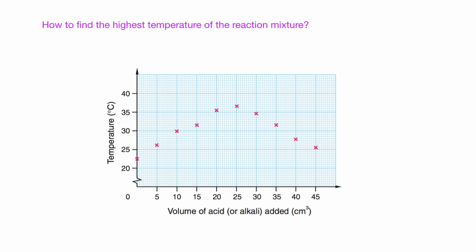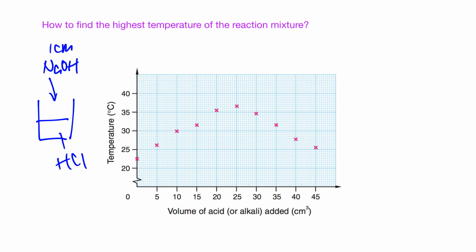When we add a volume of acid or alkaline, say for example if it is acid and we add NaOH 1 cm cube at a time, or 5 cm cube at a time, then you'll find that every time I add it, the temperature goes up like this. There may be temperature measurement issues, so it is not necessarily on one straight line, and after a while it will then go down.